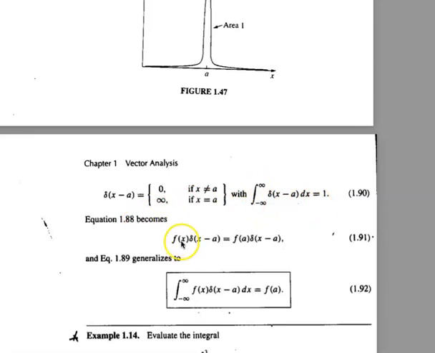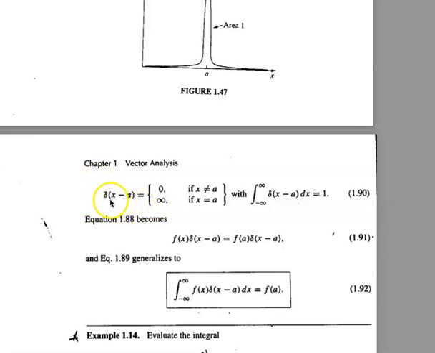Now if you multiply f of x times delta of x minus a, then it is equal to the function at x equals a. Then if you integrate it in this way, the integral just gives you the value of f at x equals a. That is important for you to realize. So this is the standard way that I want you to think about the delta function.